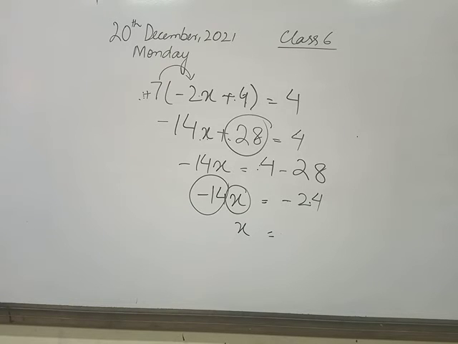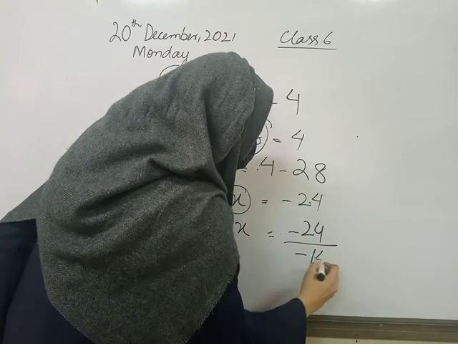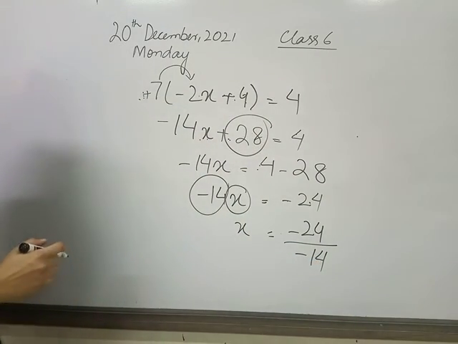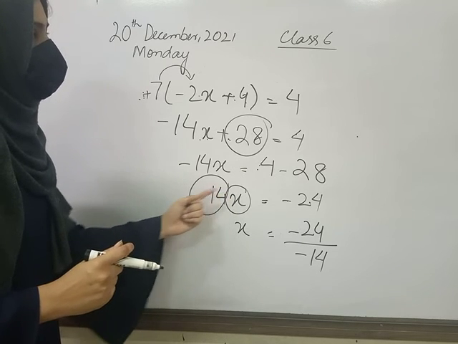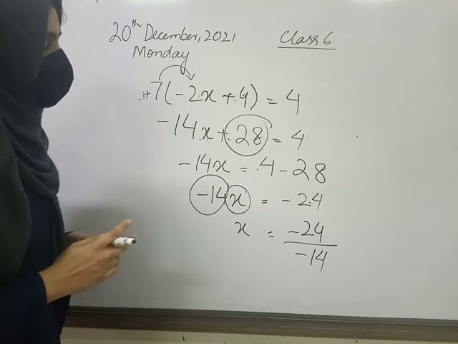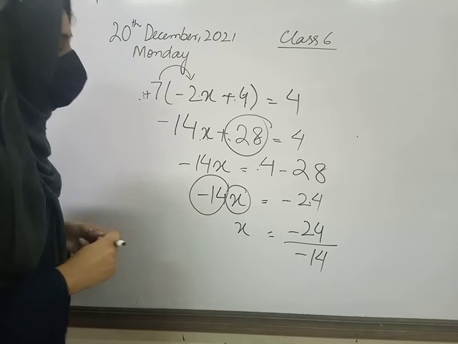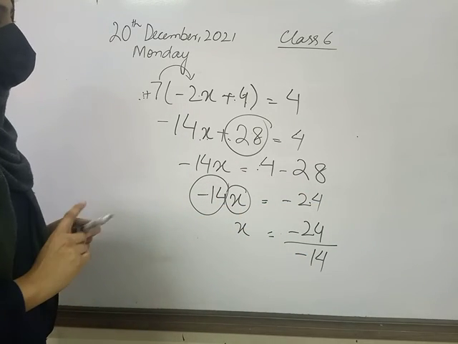So after applying the inverse relation, we have the form of this equation: minus 24 into minus 14 divided by minus 14. If you look here, class, we have multiplication in between minus 14 and x. So when we shift it to the next side, we have it in division form.